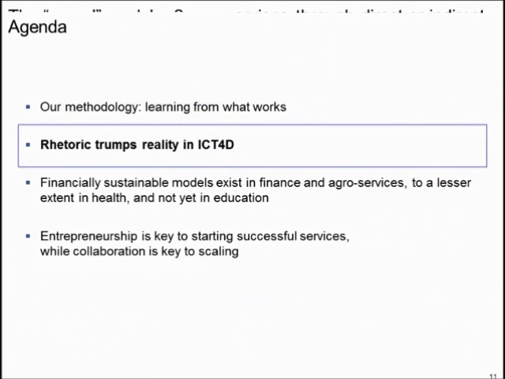So those were the three business models that we looked at. And now I want to see how the rhetoric that surrounds ICT4D projects matches the reality.